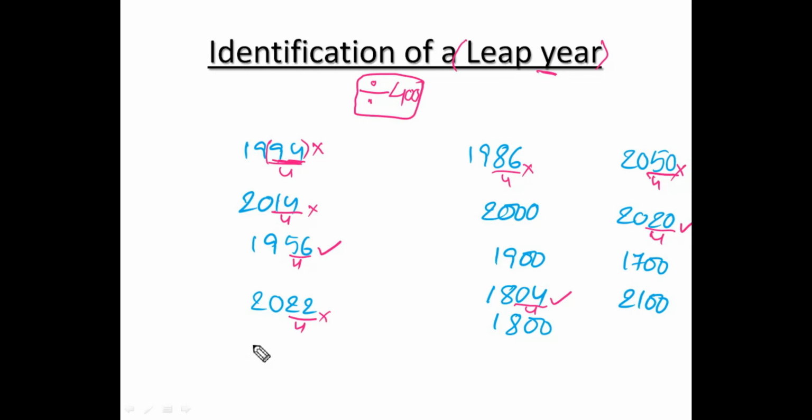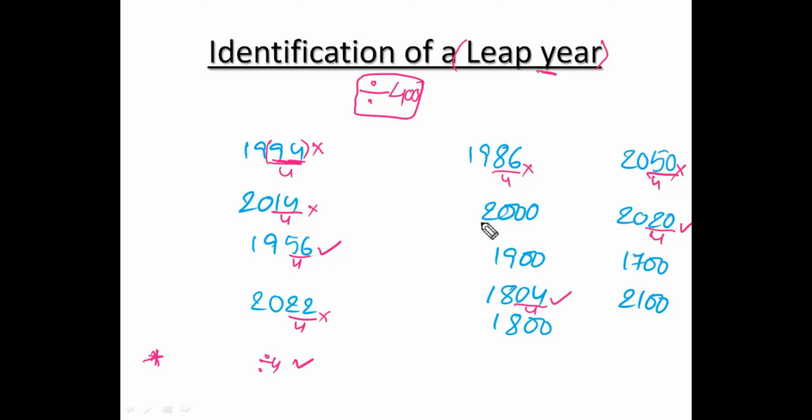So finally, here is the point. Except centuries, any year number which is divisible by 4 is a leap year. But for centuries, we have to check the divisibility by 400.